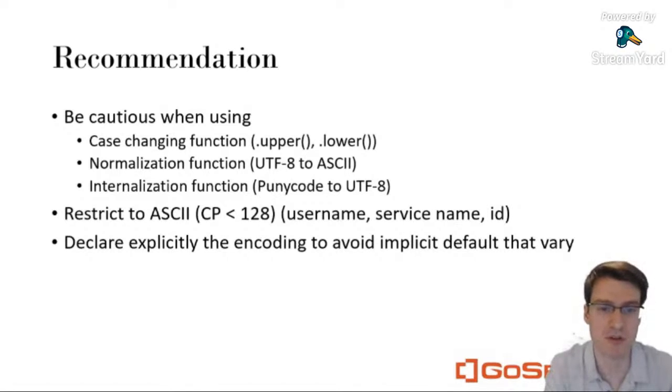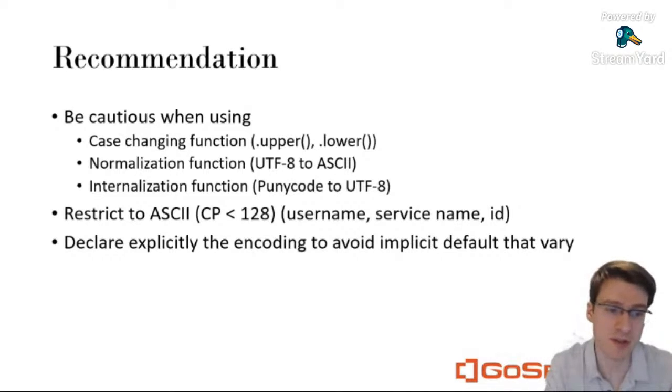Same thing for normalization. We previously saw HostSplit, for example, a vulnerability that was affected by normalization. Look for internationalization functions, so anything that transforms a domain to punycode, or the opposite, indirectly. This was the case for the OpenJDK vulnerability, the first one we saw.